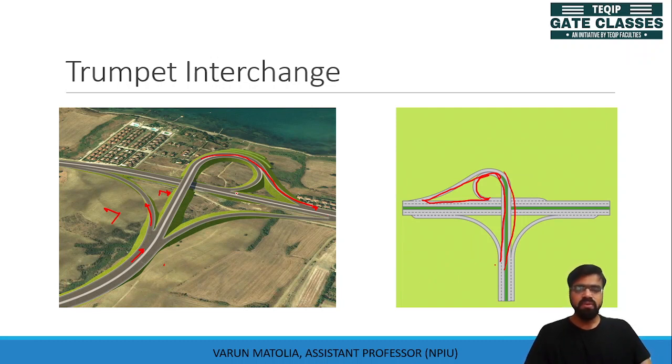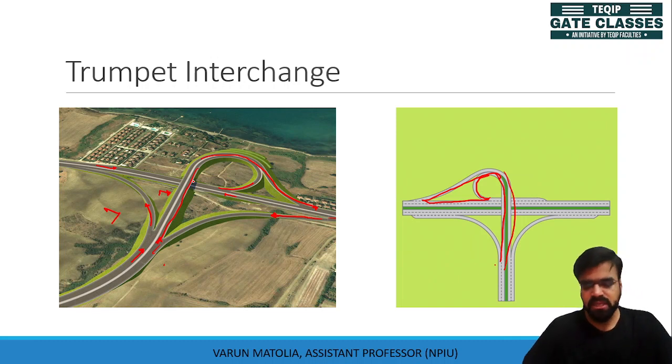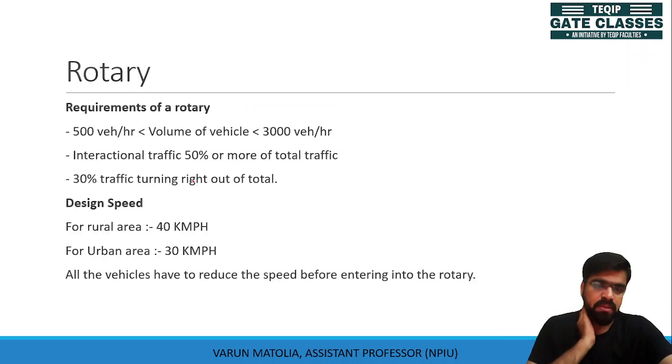For the vehicles moving in this direction, if they want to go here, they may choose this traffic stream, and vehicles coming from here that want to move in this direction may diverge and again merge here. So this is how this traffic arrangement works for a T section, or Y section. This trumpet interchange is applicable.